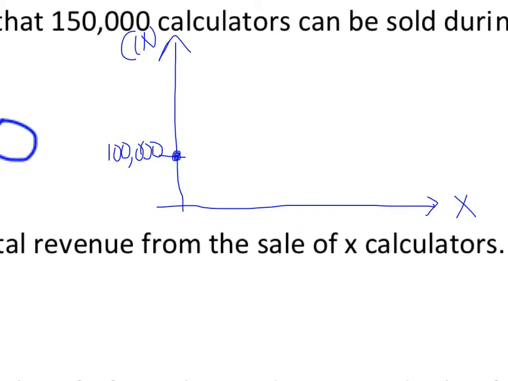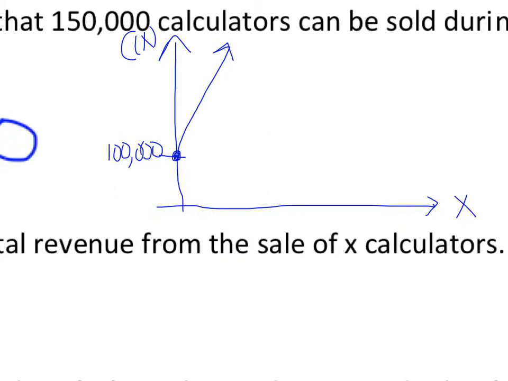And then we're just sketching this, so it has a slope of 20, that's pretty high, and it's going up. So that's just a rough sketch of that.